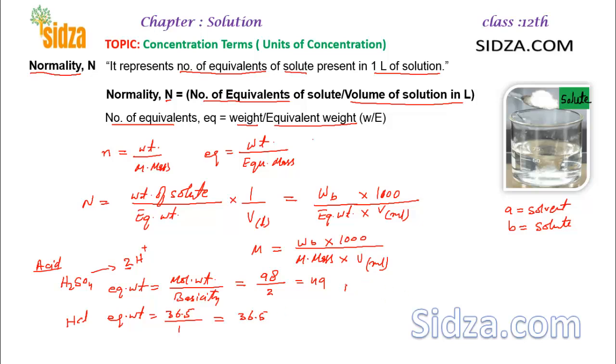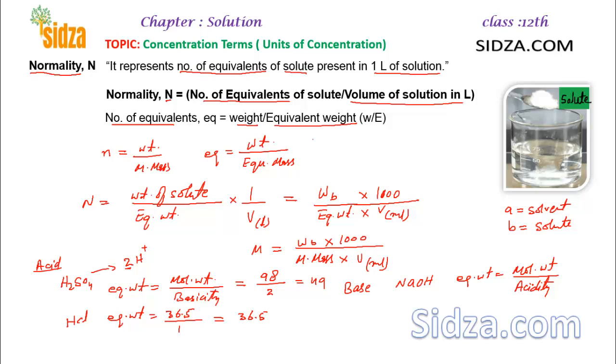What about the base? Suppose you have a base like sodium hydroxide. We use the same methodology here, the same way of expressing the equivalent weight. The equivalent weight of the base will be equal to the molecular weight of the substance divided by its acidity.